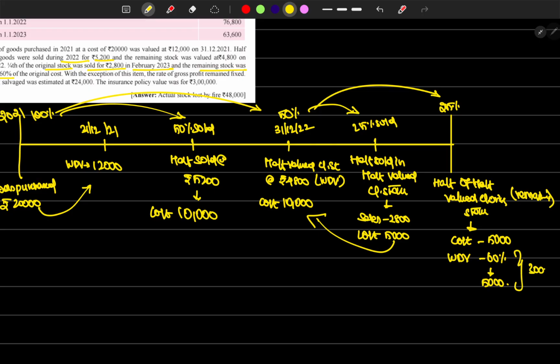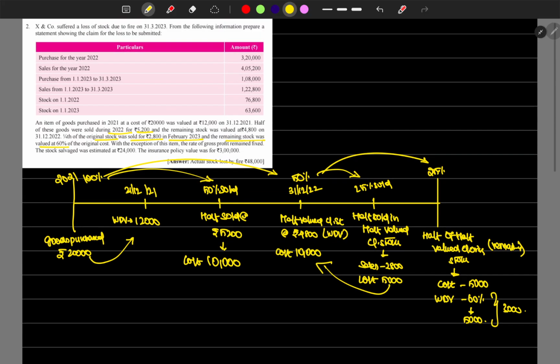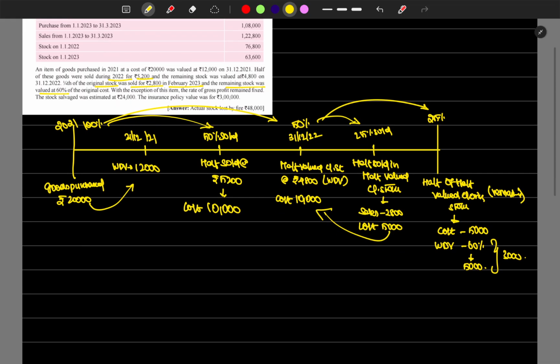60% of 5,000 is 3,000. Usually when we are computing the opening stock or closing stock under the insurance method, we need to find the original cost value. We should not use the WDV; if the value is the written down value, we need to make it a normal value. That's why we have undertaken this process. First we had an original cost of purchases worth 20,000, but the WDV is 12,000, so we reduced the price.